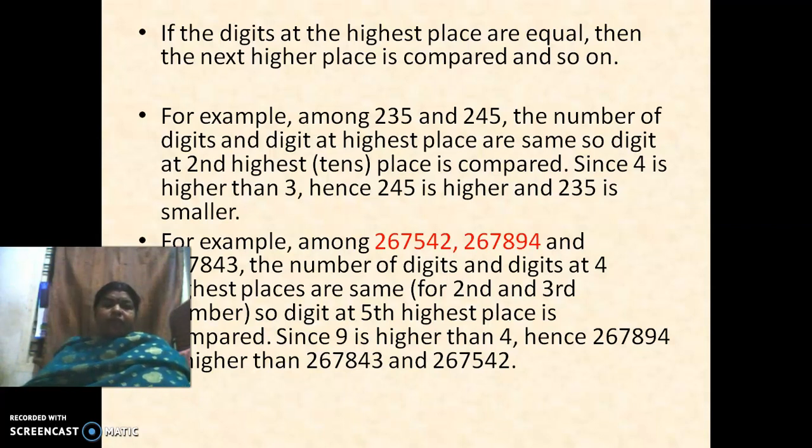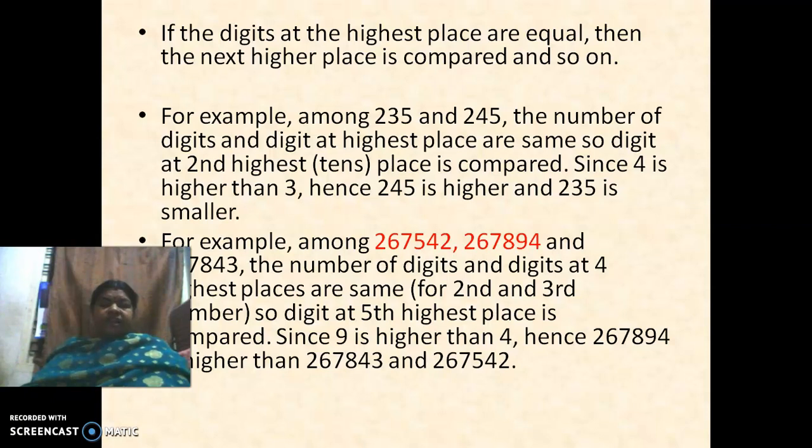One more example: 235 and 245. Here the second digit 3 is smaller than 4. So 245 is greater than 235. Another example with 6 digits: 2,67,542 and 2,67,894.